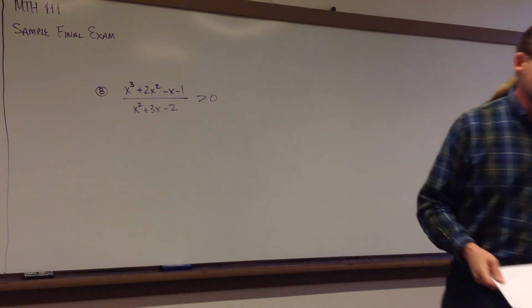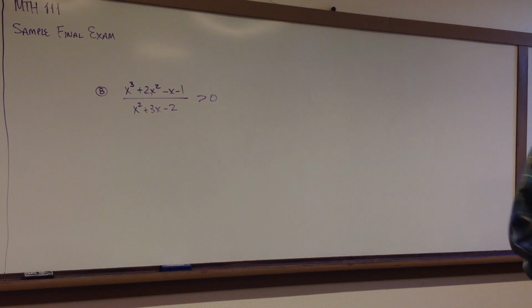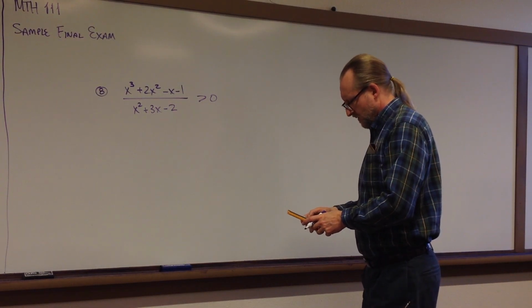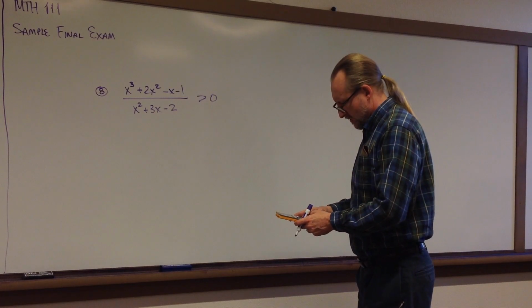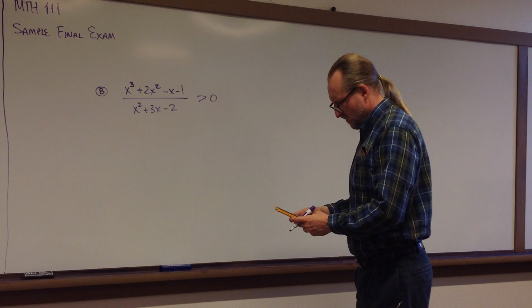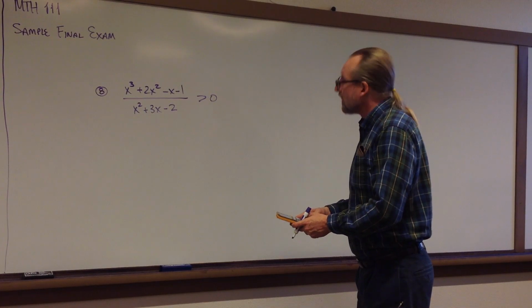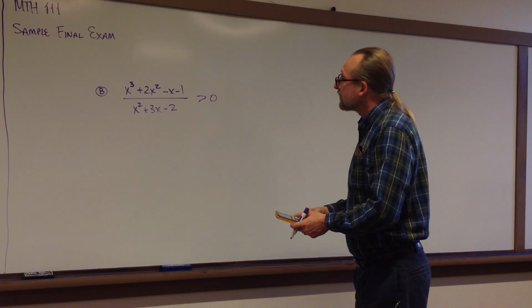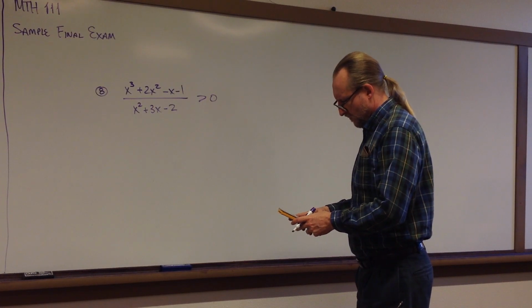That's what we're interested in. Okay, so let's go ahead and look at the graph here. 2x squared minus x minus 1, and then on the bottom, x squared plus 3x minus 2.